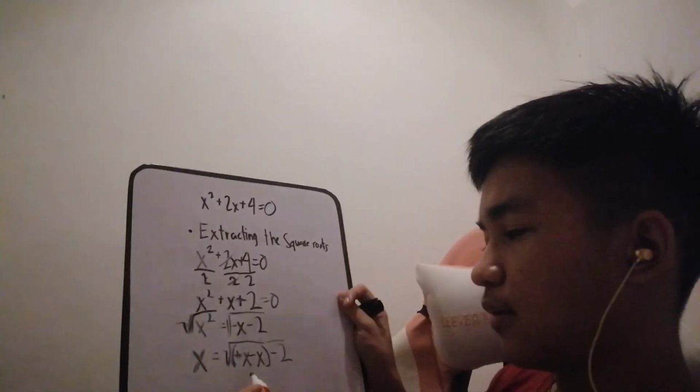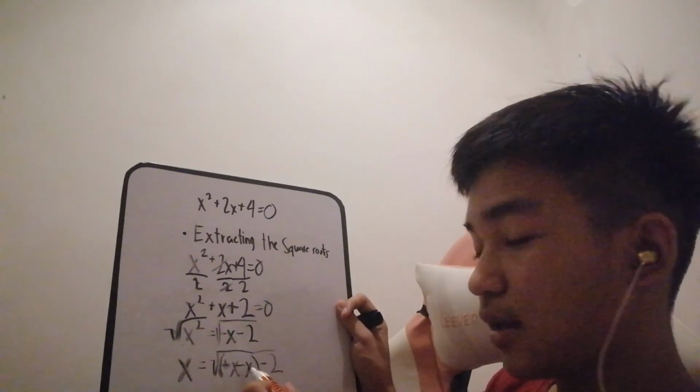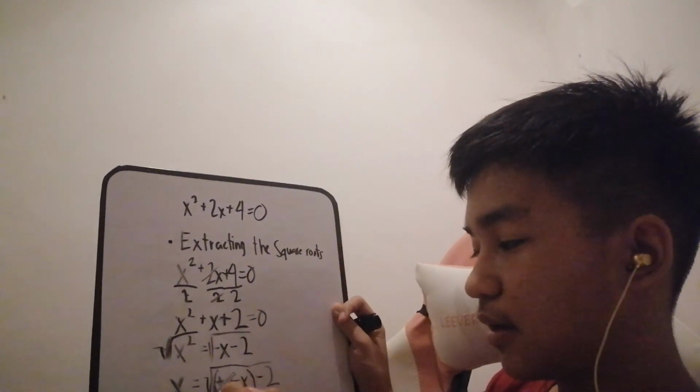It will be positive x, negative x, minus the square root of 2, the square root of negative 2 is negative 2. And now positive x and negative x, we will cancel it out.